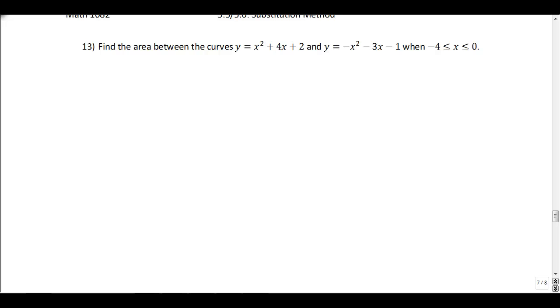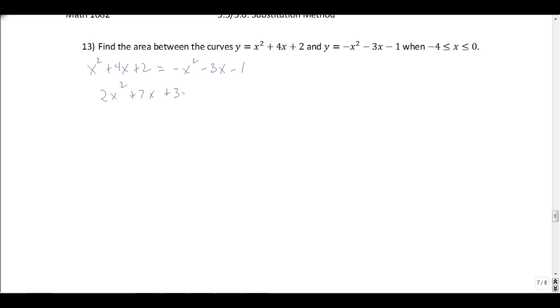Now that's going to create some difficulties because before I find my area, I need to find those intersection points. So to do that, I get x squared plus 4x plus 2 is negative x squared minus 3x minus 1. I'm going to add x squared to both sides. Gives me 2x squared. Add 3x is 7x.